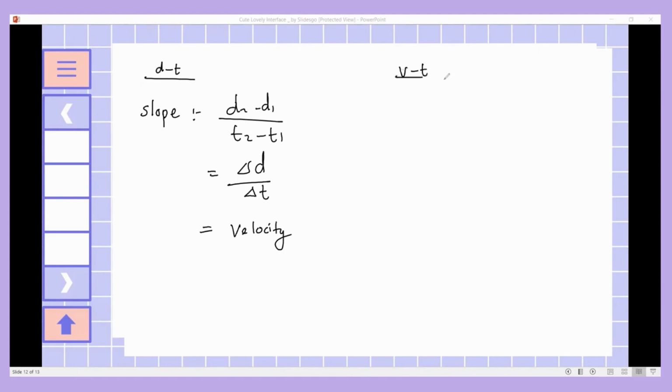But in the VT graph, the gradient will be v2 minus v1 over t2 minus t1, so that we are having the change in the velocity divided by the change in time. So v by t is acceleration. Then, in the velocity time graph, the gradient gives us the acceleration, whereas the area under the graph gives us the distance.